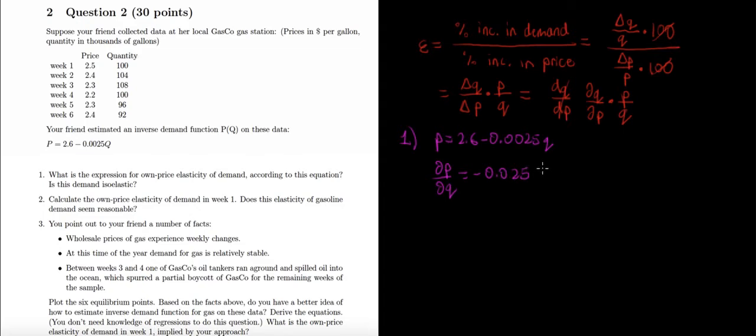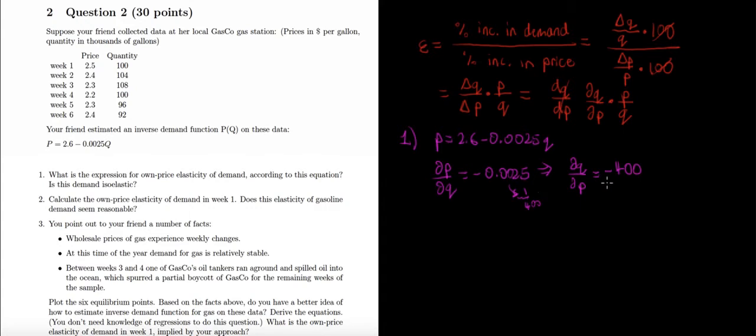Oh sorry, I missed a 0. This thing can also be written as negative 1 over 400. So this implies that partial Q partial P is equal to negative 400.